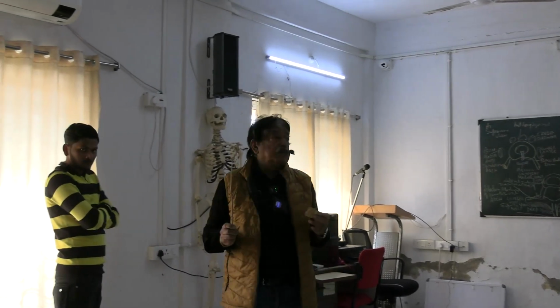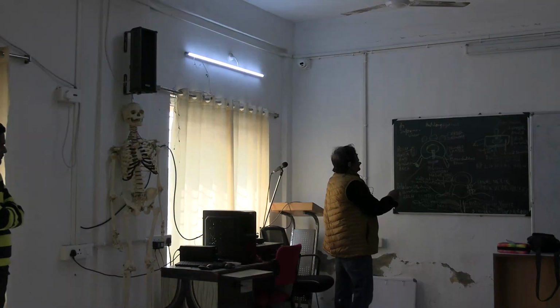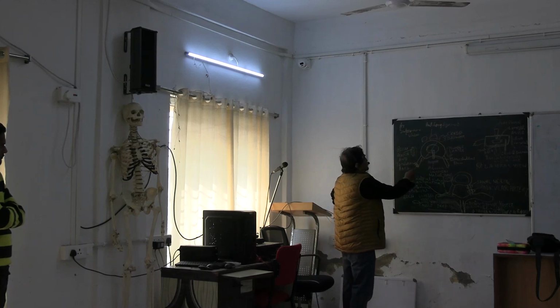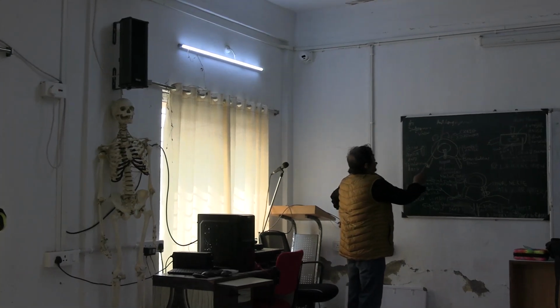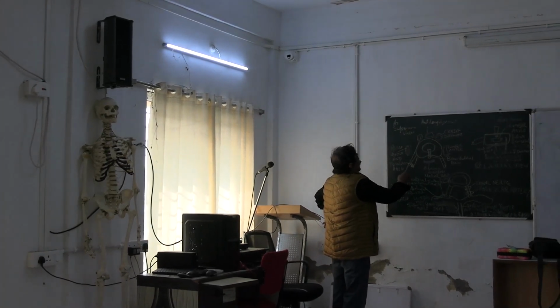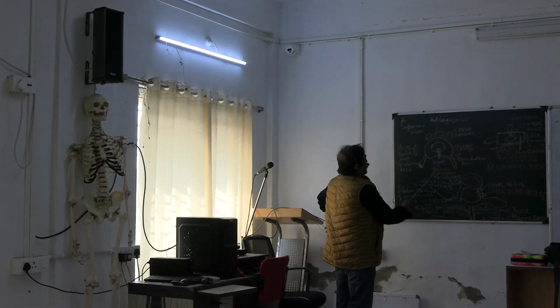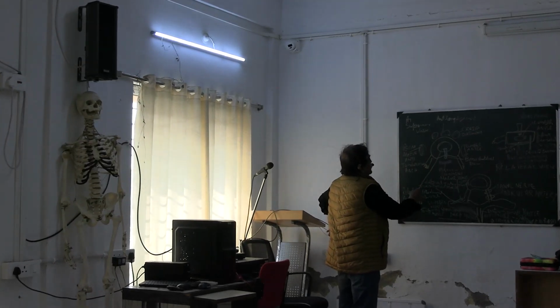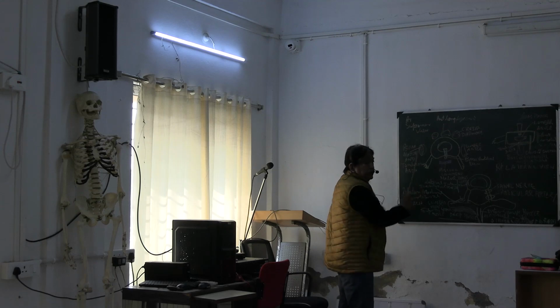This is the crus of the diaphragm, this is the anterior longitudinal ligament, the posterior longitudinal ligament, and this is the basivertebral vein.